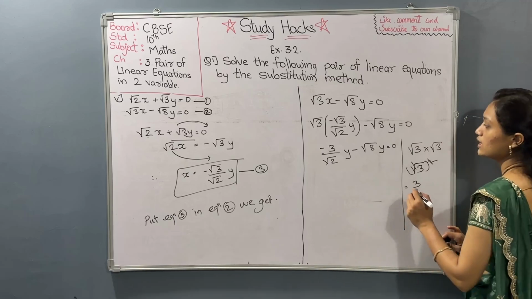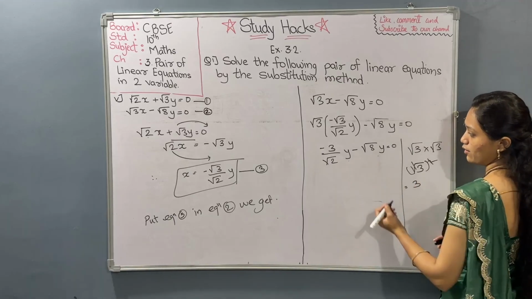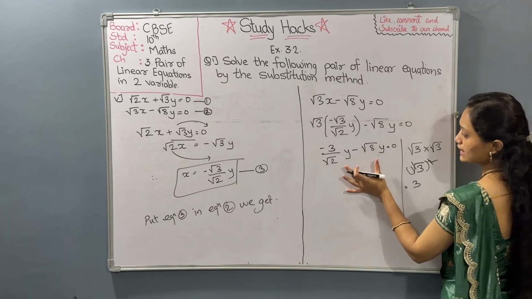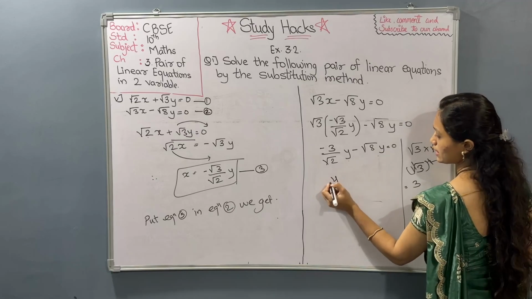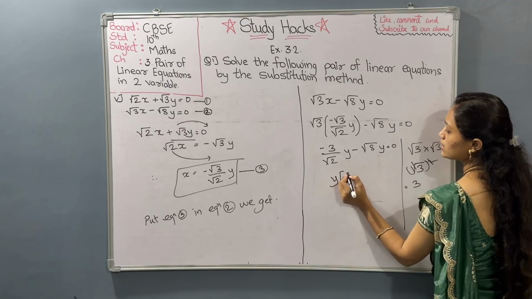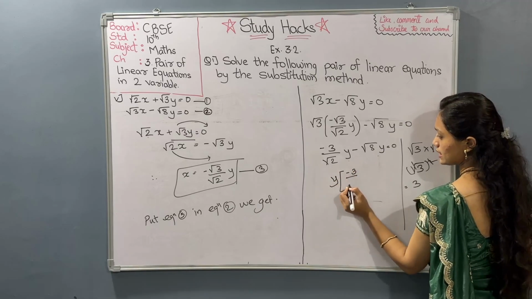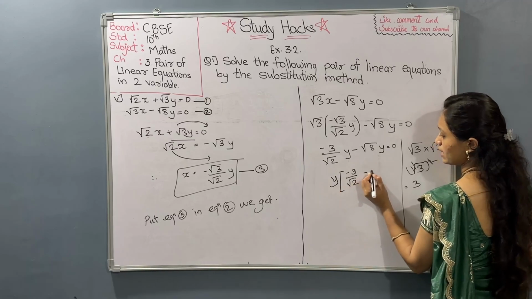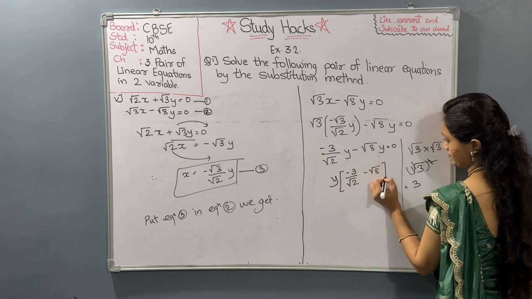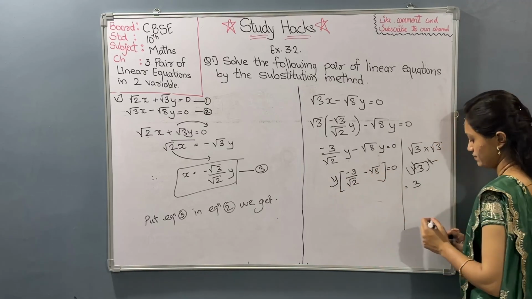Now can you see y and y common over here? We will take this y in common and we will write all the remaining numbers in the bracket: y(−3/√2 − √8) = 0.